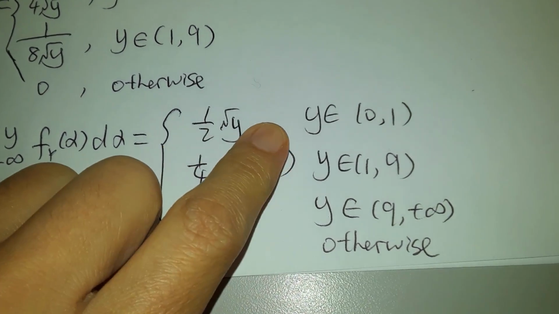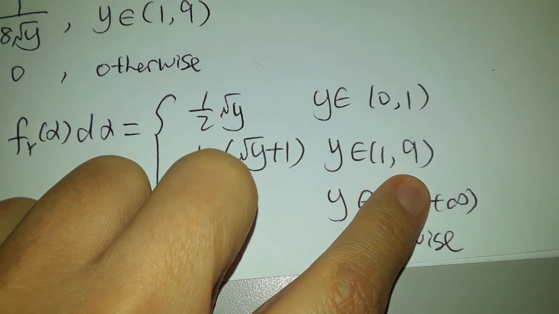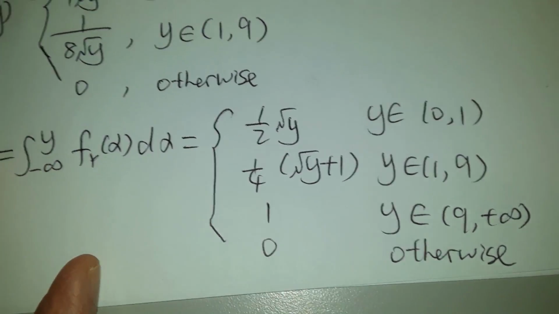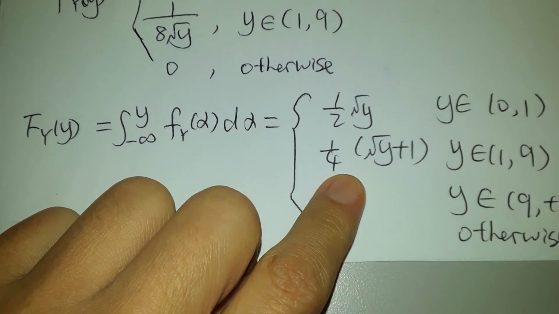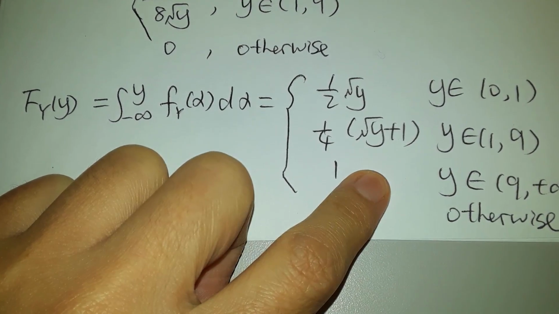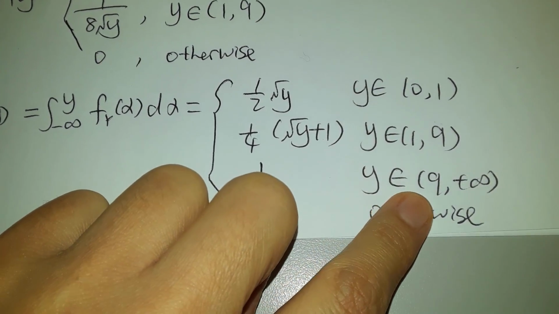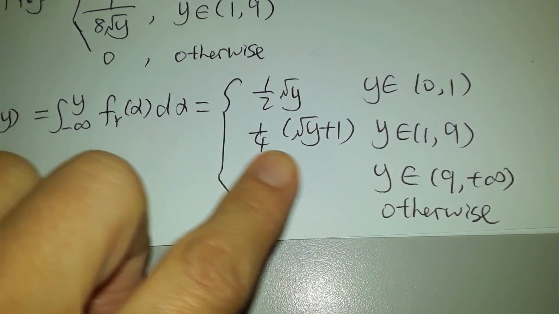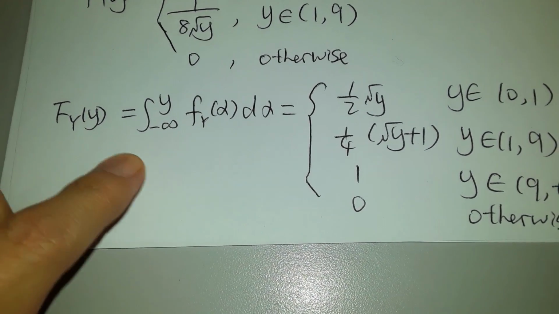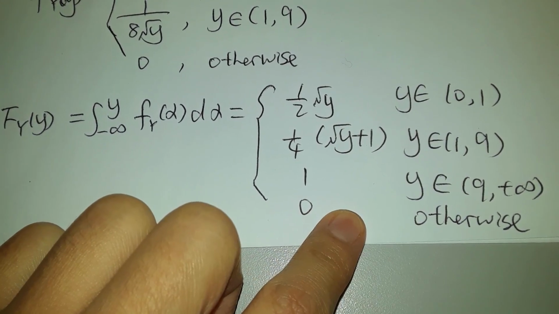And if y is a number between 1 and 9, the distribution function F_Y(y) equals a quarter times square root of y plus 1. Moreover, if y is greater than 9, the distribution function equals 1. Otherwise, the distribution function is 0.